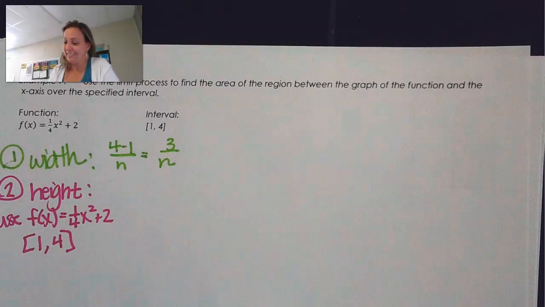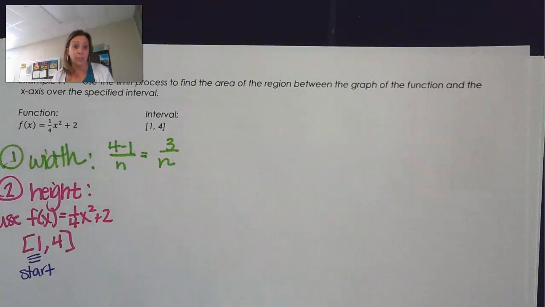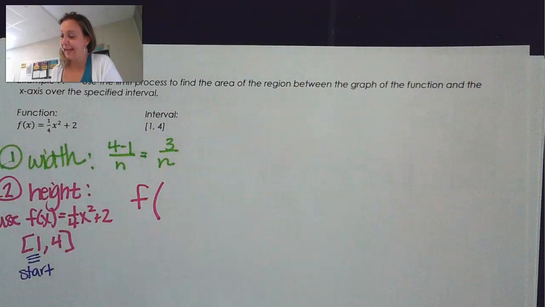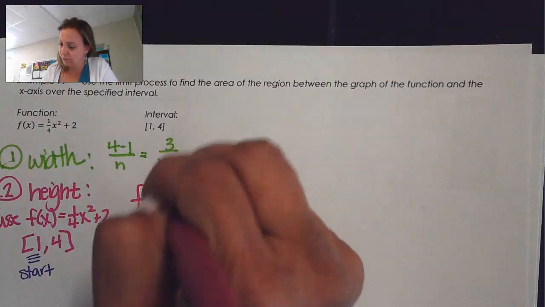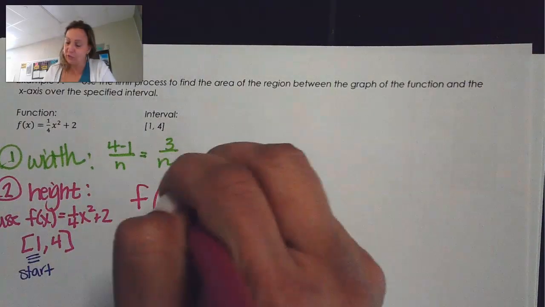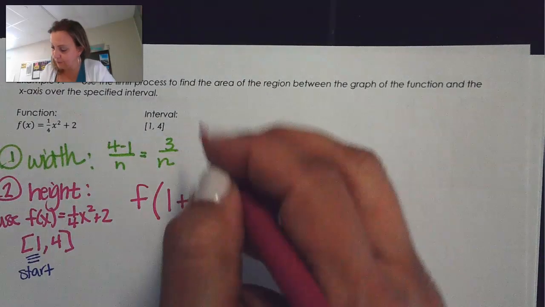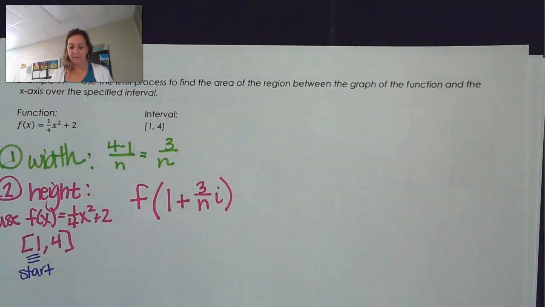What that means is that this 1 is where we're going to start. We're not going to start at 0. So our height is going to be given by f of, we're going to start here at 1. And now we're going to add the width, which is 3 over n times i, okay?